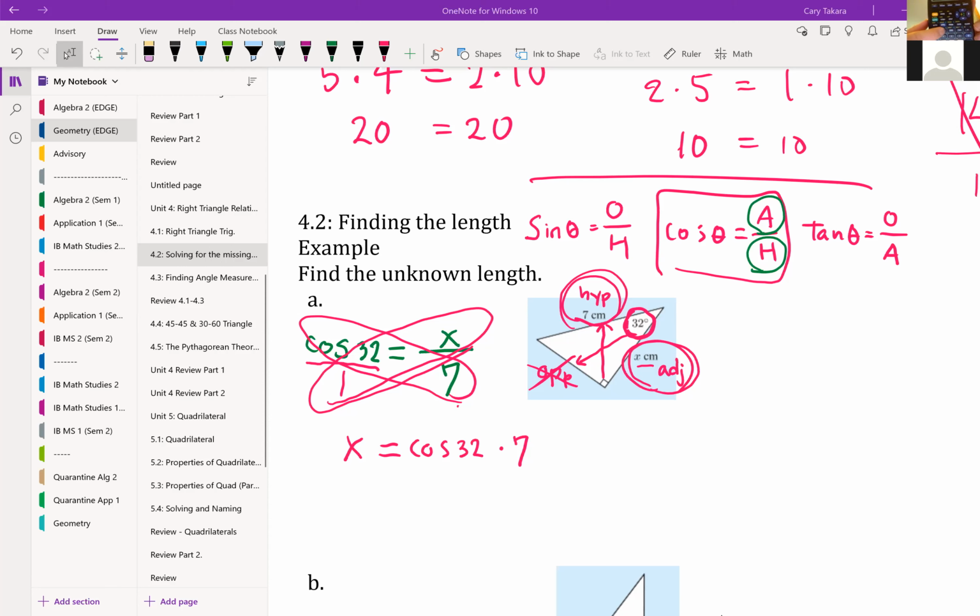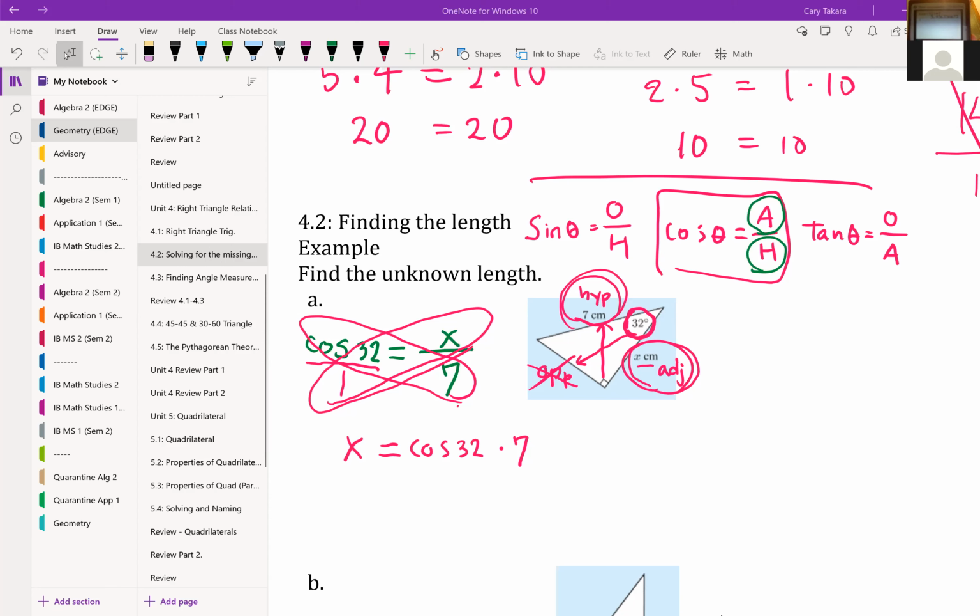Do you guys all find the cosine button? So I press cosine of 32. Now I have to close the parentheses because it's 32 degrees, right? So I'm going to close that and then multiply by 7. And then I press enter.